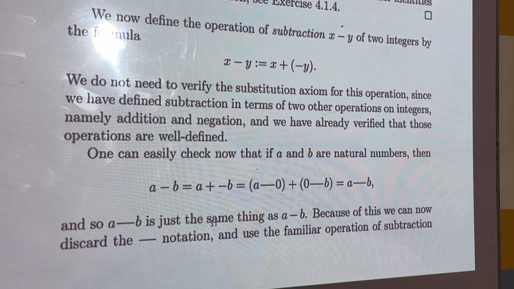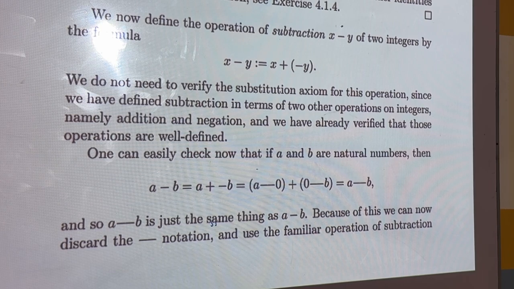How can I say? I am confused with this. You have two natural numbers, you don't know how to subtract. One can easily check now that if A and B are natural numbers, then this thing happens. Since A and B are integers, A minus B has a meaning.